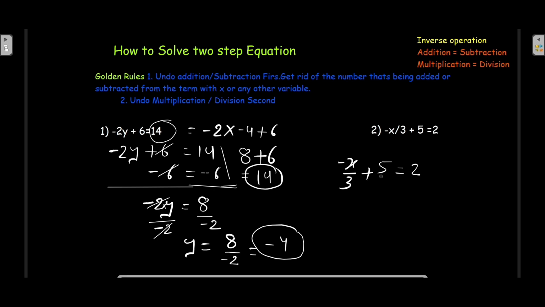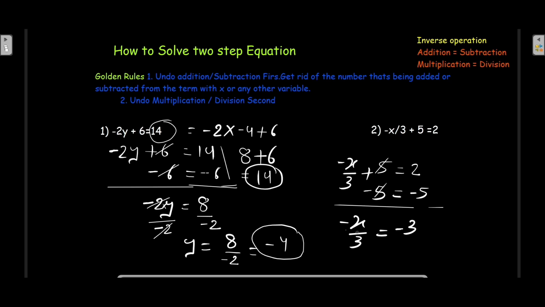So we have to subtract 5 from the left side and 5 from the right side also. If we subtract these two terms, it will cancel out, and -x/3 is equal to 2 minus 5. It will give us -3. So here we can easily see that x is divided by 3.